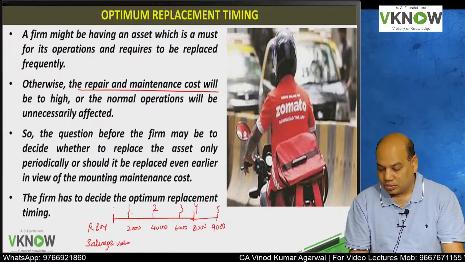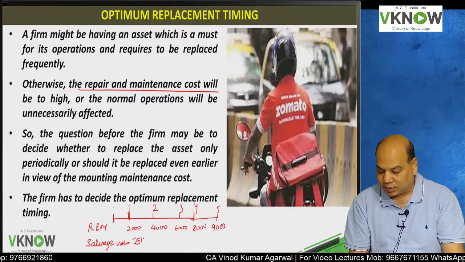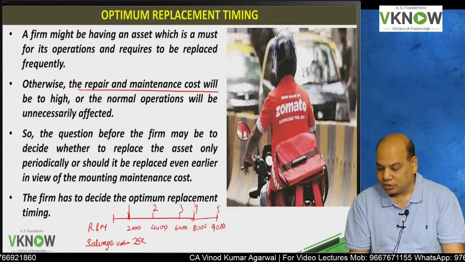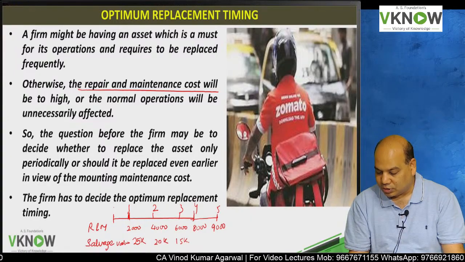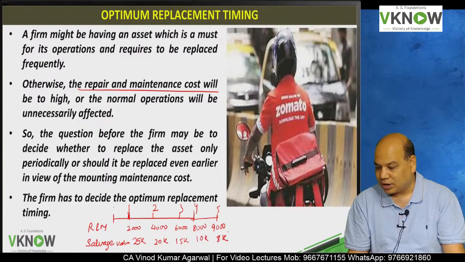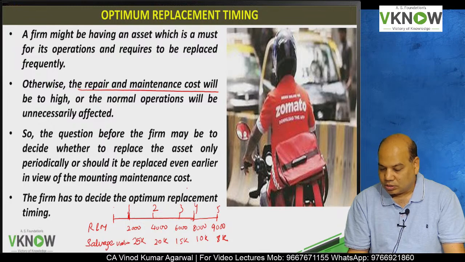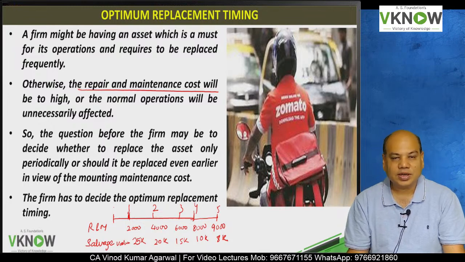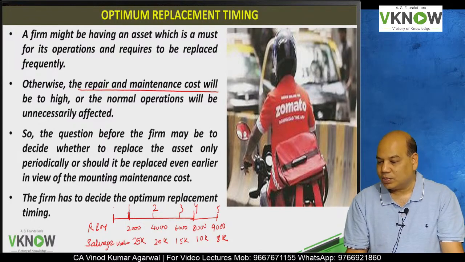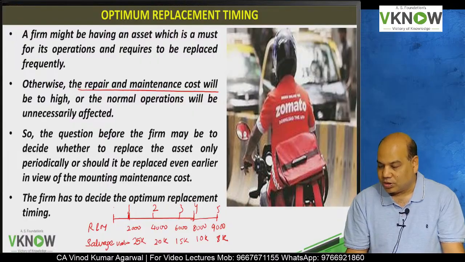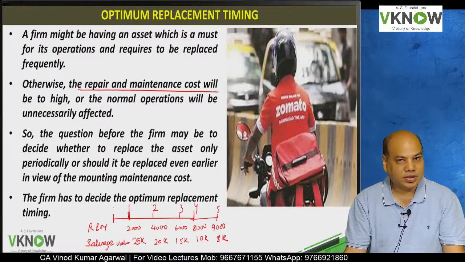And the salvage value may fall. If you sell after 1 year, you may get probably, let's say, 25,000, but if you sell after 2 years, you will get only 20,000. If you sell after 3 years, you will get 15,000, 10,000, 8,000, like this. You have to keep on replacing this asset. You know that you have to replace the asset because you are into customer service business.